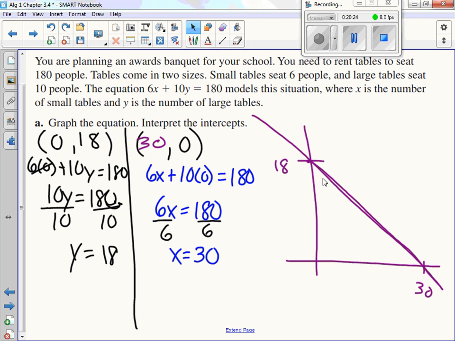Now, y is the big tables, yes? And that would be 18. So this is 18 of the big, this is 30 of the small. And this line represents the combinations that we would have of the big and small tables.